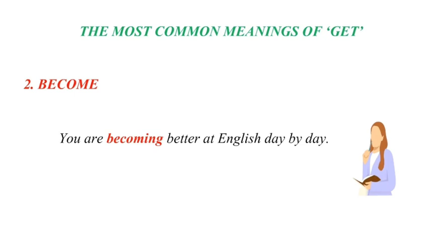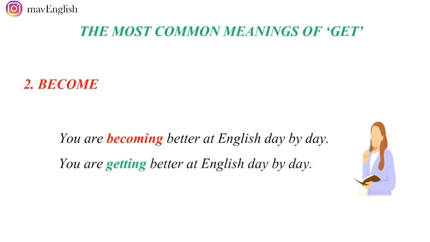You're becoming better at English day by day. You're getting better at English day by day. Did you notice the difference and how easily I switch the verb become and get? Try using it with other sentences also and you'll be easily able to replace the word become with the word get.